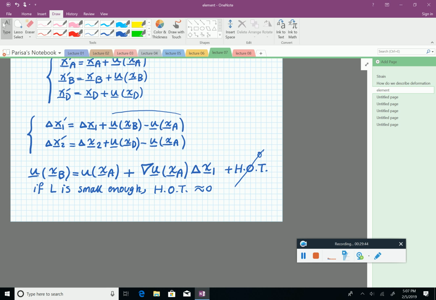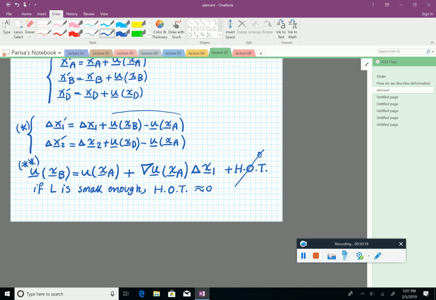If we consider this as one equation and this as a second equation, let's look at them a little bit more. We have the relationship between delta x1 and delta x2 prime, delta x1 and delta x2, and uxb minus uxa, uxd minus uxa. Now, I just want to replace this uxb minus uxa.